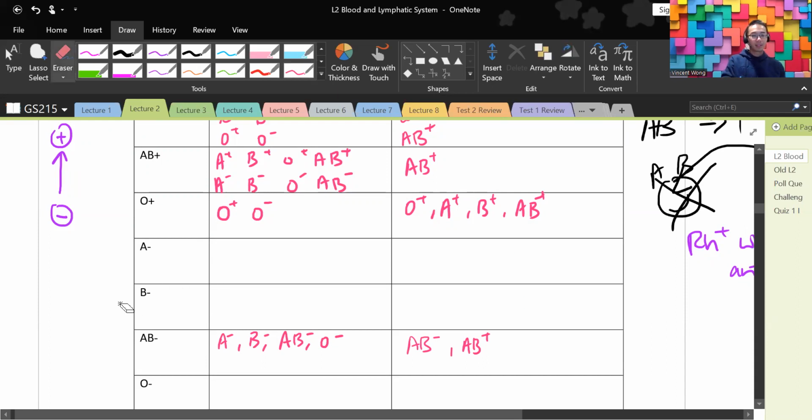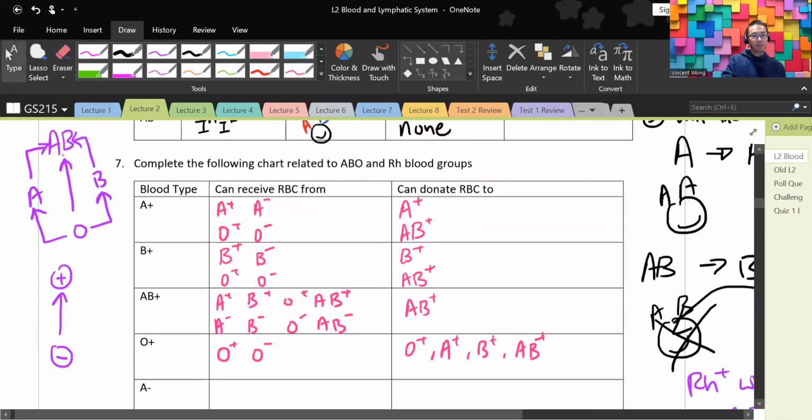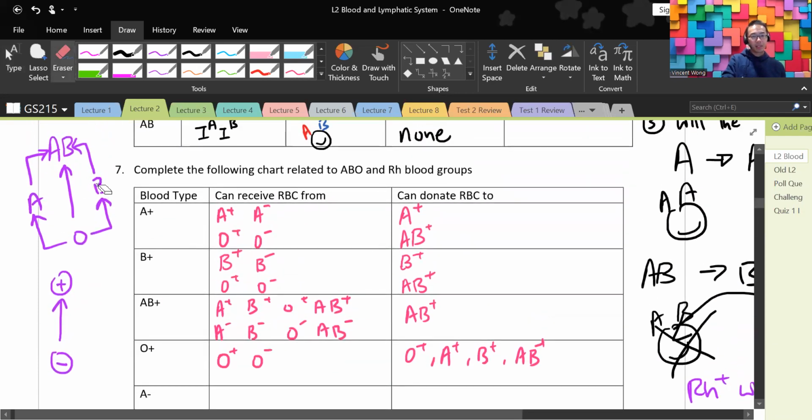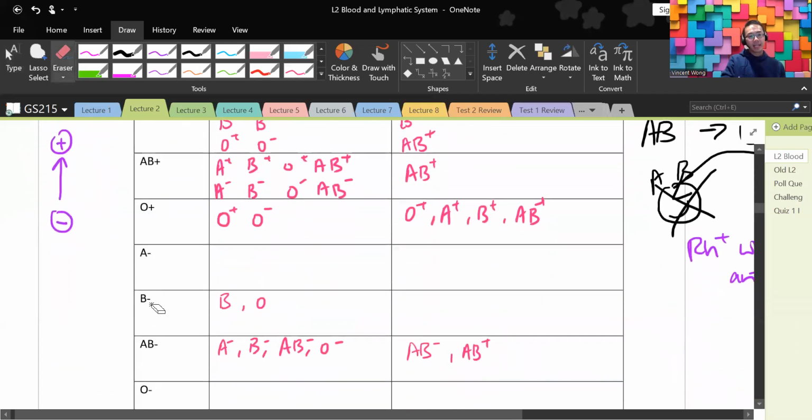Another student asked about B negative. Okay. So B negative, you can receive from other Bs and O's, right? If you look at the chart here, B can receive from other B. You can always receive from your own blood group, and you can receive from O as well. And since you're negative, you can only receive from other negatives.